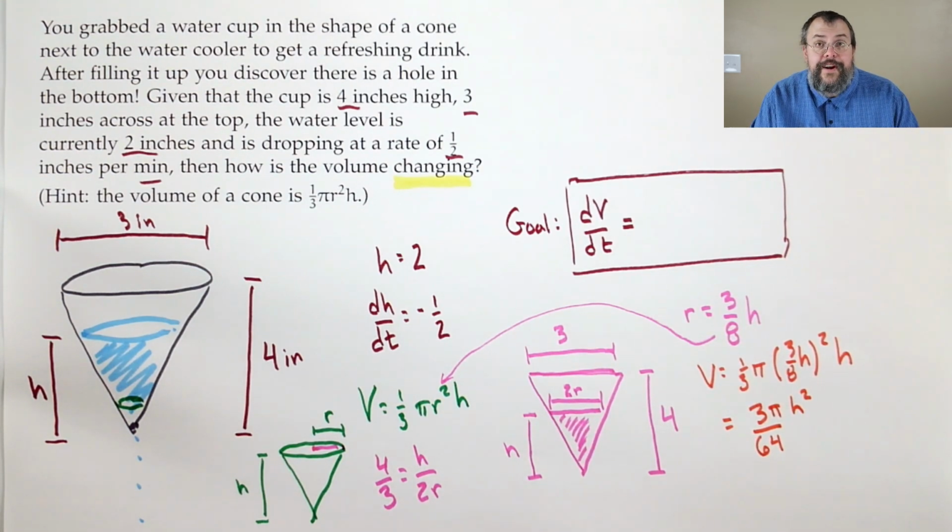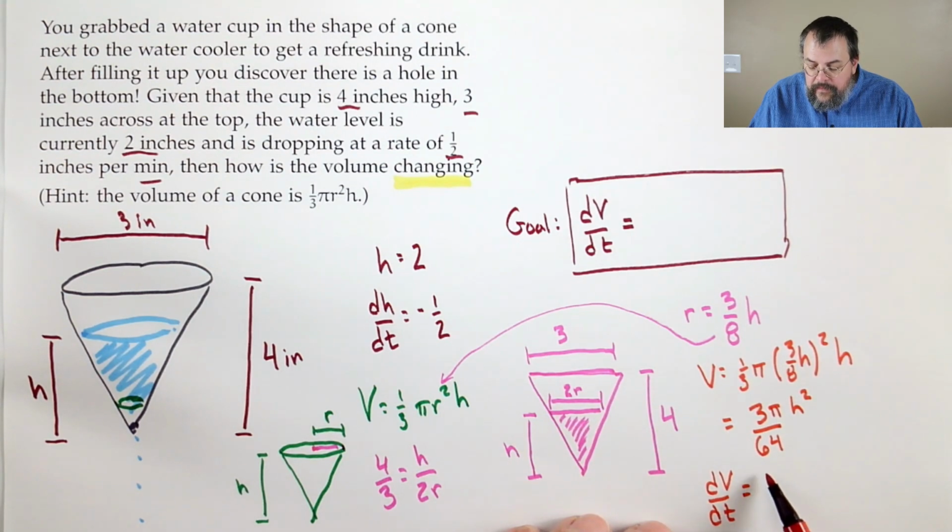Okay, we're almost there. Now, what's next? Well, now take our derivatives and see what we get. So dv dt is equal to 3 pi over 64, that's a constant, times 2 times h times dh dt.